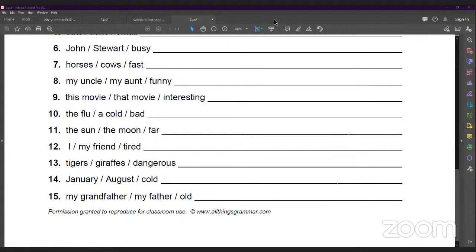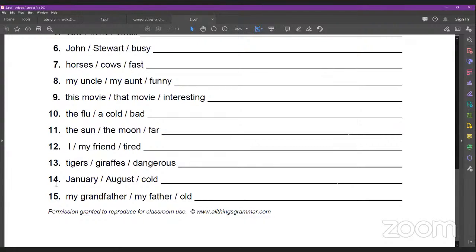All right, let's move on to the next students. Miss Adriana Rivas, please, 14 and 16. January is colder than August. My grandfather is older than my father. Good, thank you. Well, guys, I think we have already finished with this part.